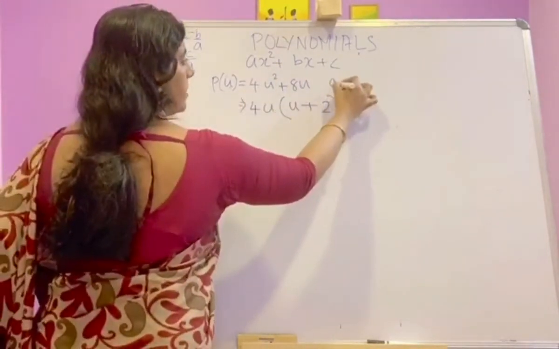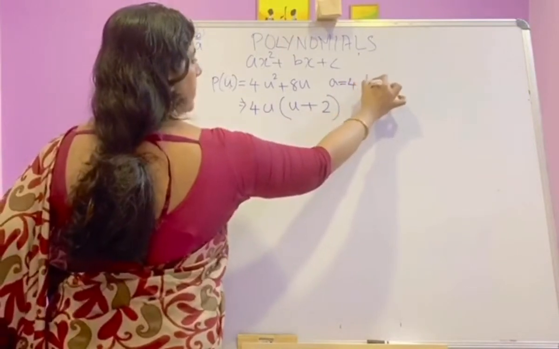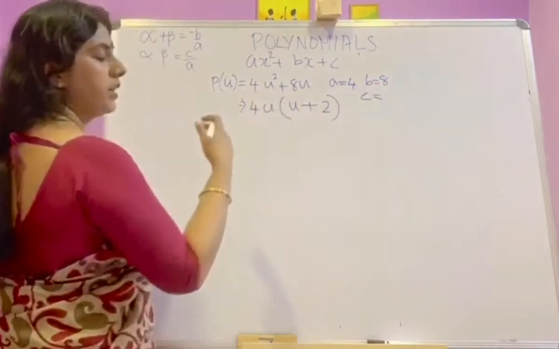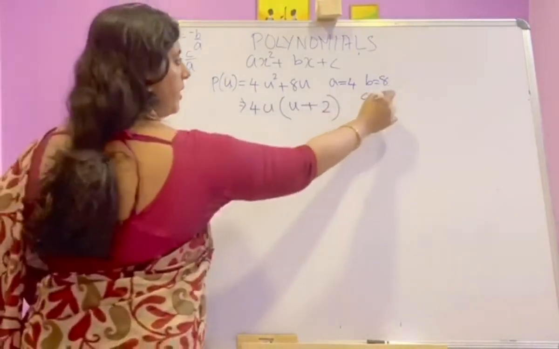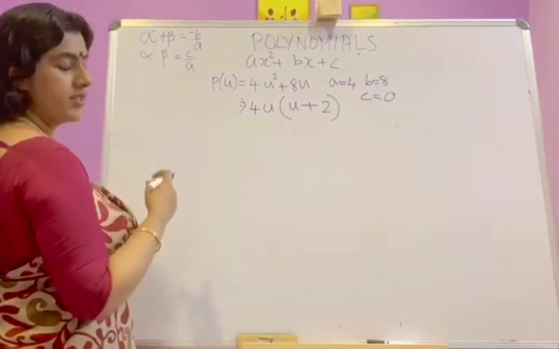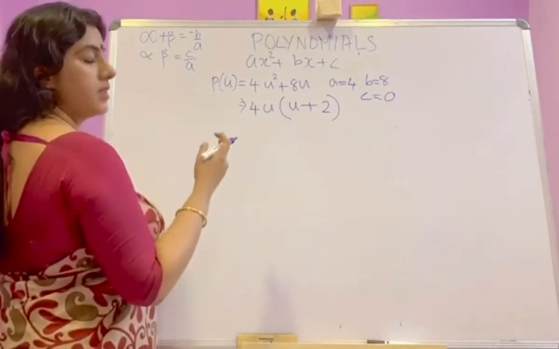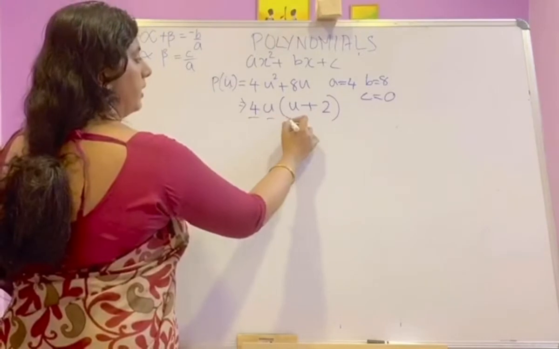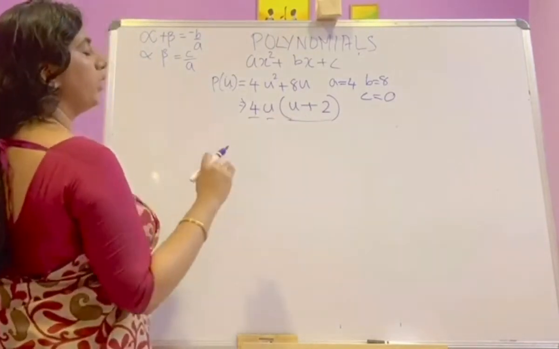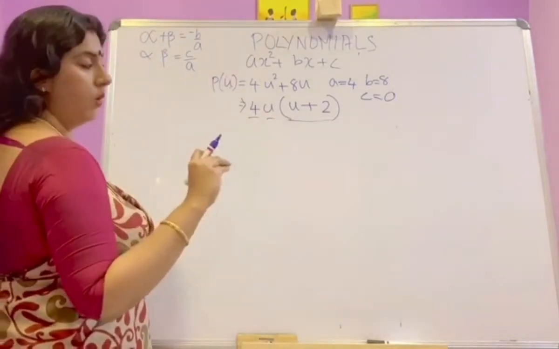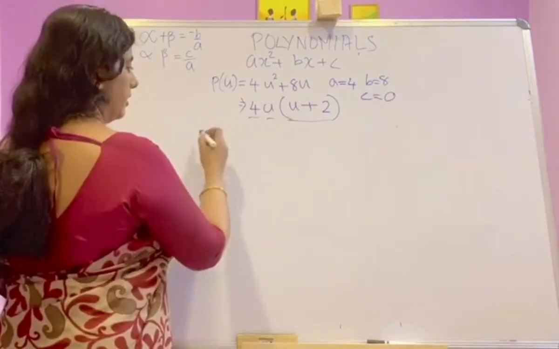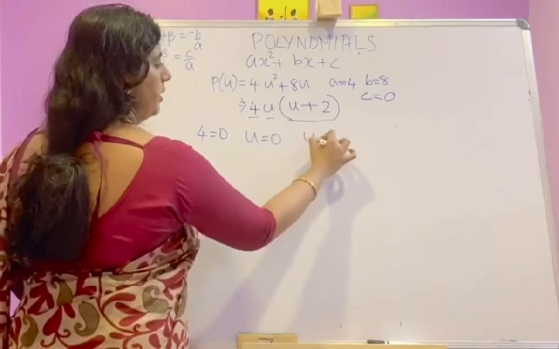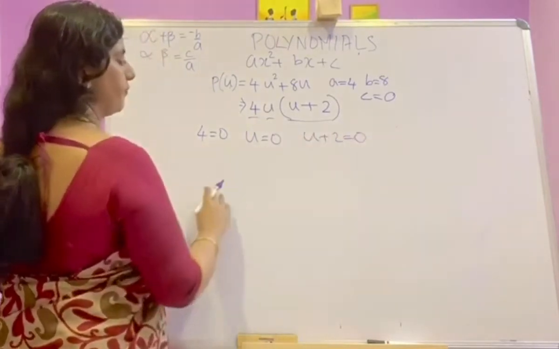Here a is equal to 4, b is equal to 8 and c is equal to, there is no c term, so you can write 0, no constant term, that is c is 0. Now here you get 3 factors and you want to equate each factor to 0, that is 4 equal to 0, u equal to 0 and u plus 2 equal to 0.